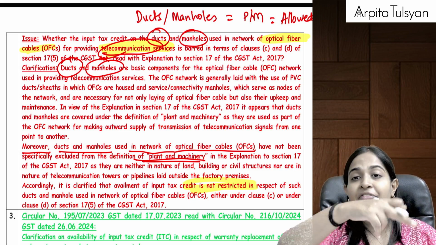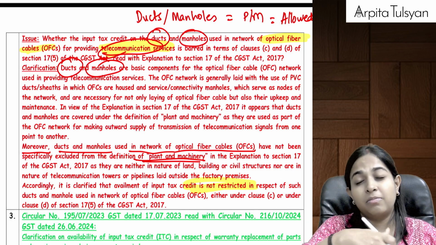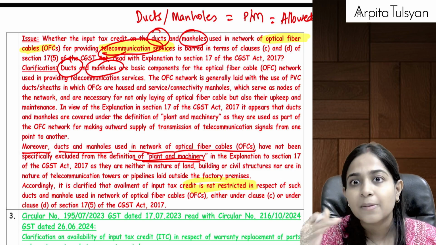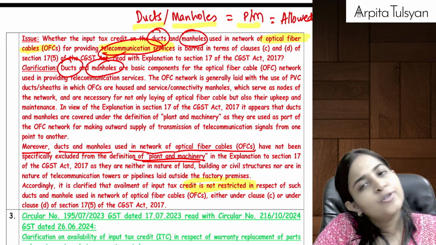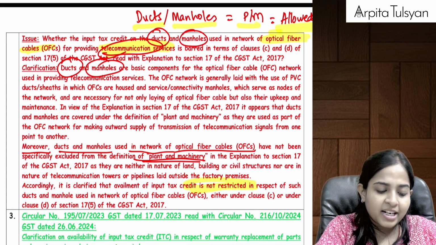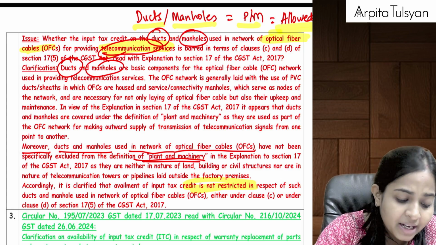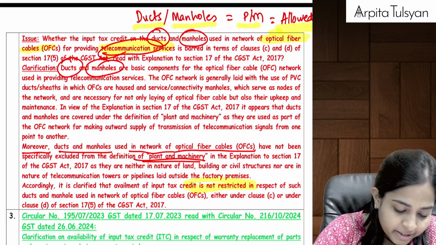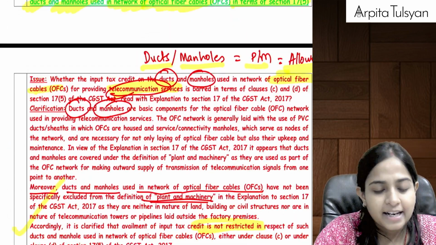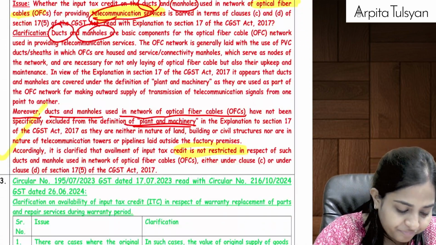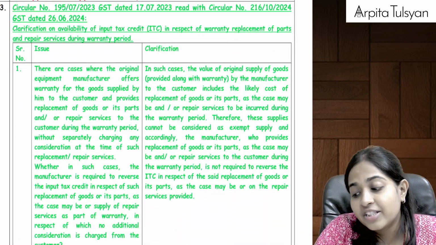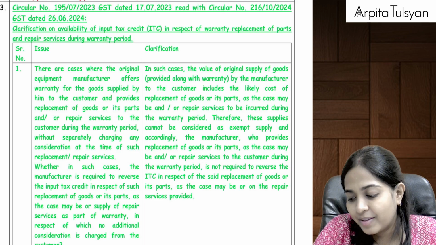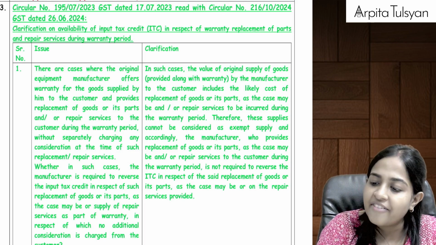Had it been factory pipelines, the pipelines outside the factory premises, blocked. But ducts and manholes, these are not specifically excluded. So that will be considered as plant and machinery, and therefore ITC on the same is going to be allowed. Are you clear till here? Yes, that was one of the clarifications. If you see, nothing new is added. They have just done the clarification. There will be very few places where they have added something new.